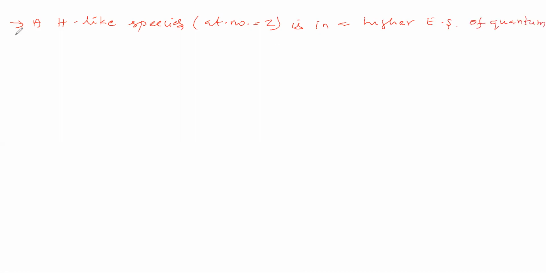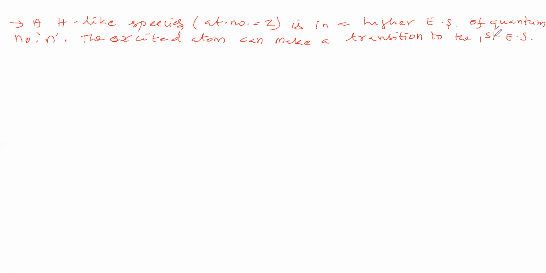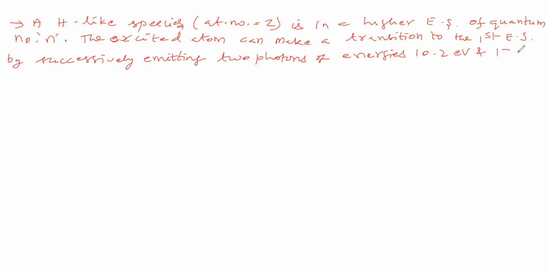The excited atom can make a transition to the first excited state by successively emitting two photons of energies 10.2 electron volt and 17 electron volt respectively.